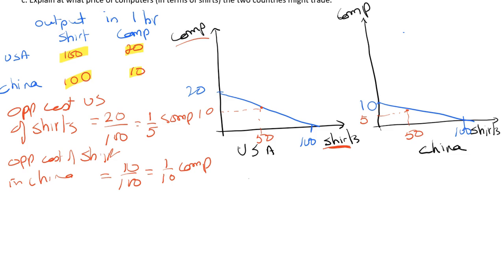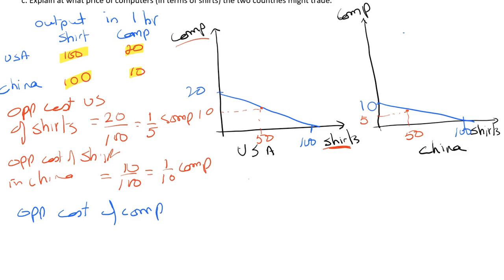We can see the opposite is the case for computers. To find the opportunity cost of computers, the opportunity cost of computers in the US would be basically the reciprocal of this, which would be 5 shirts.